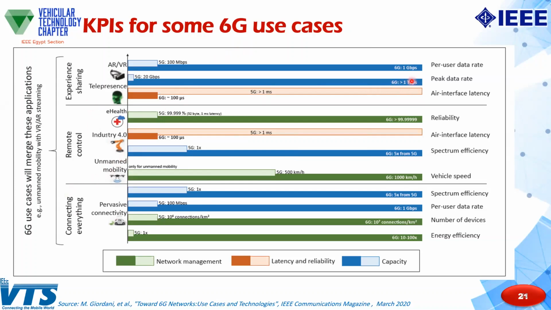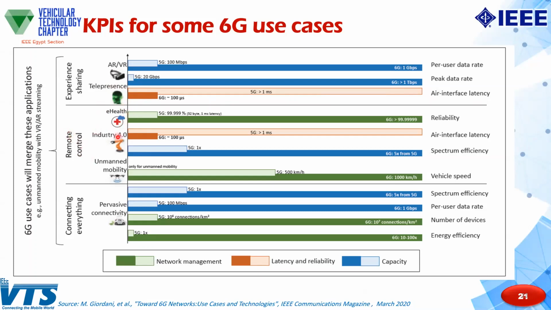If you are talking about experience sharing, you can move from 5G's 100 megabits per second maximum up to 1 gigabit per second per user. Telepresence, which uses holographic algorithms, works with small air interface latency, so you can use what we call telepresence or holographic meetings, events, festivals, or anything.